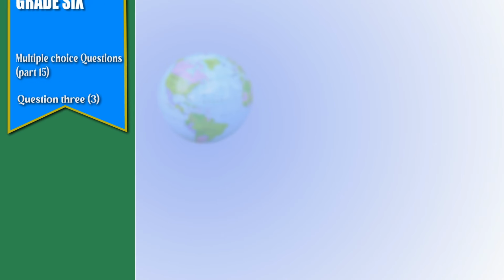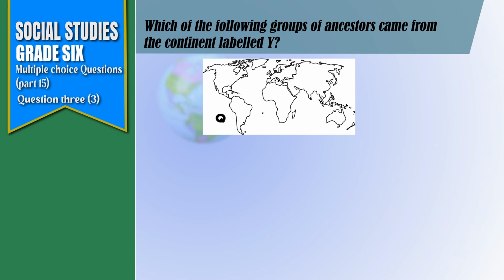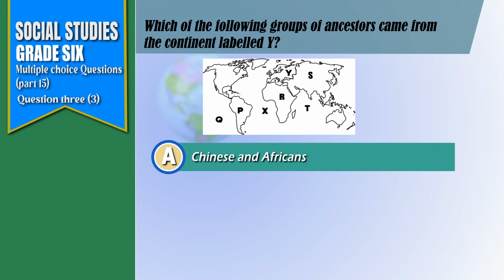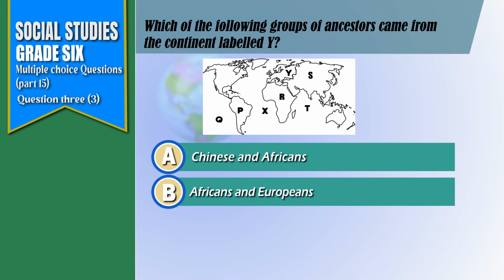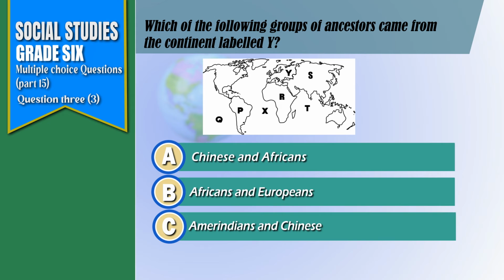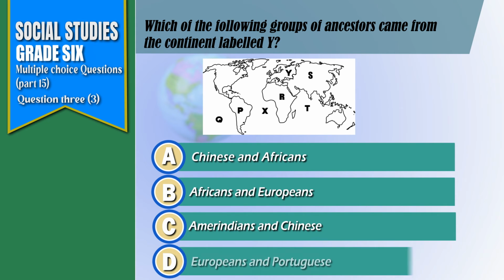Question 3. Which of the following groups of ancestors came from the continent labeled Y? And the continent labeled Y, boys and girls, is Europe. So let's see the answer for question 3. A, Chinese and Africans, B, Africans and Europeans, C, Amerindians and Chinese, or D, Europeans and Portuguese.